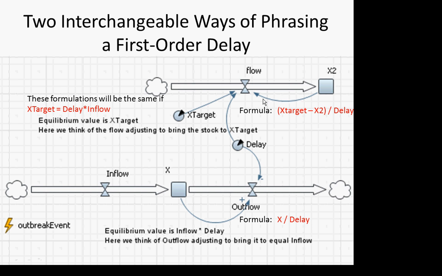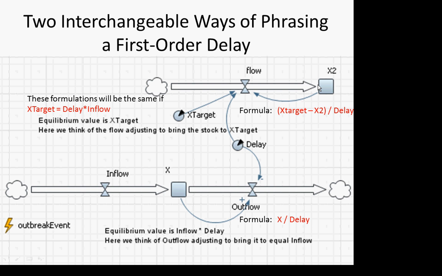So it's this minus this, divided by delay. And that's the value of the flow. This flow could be negative or it could be positive. And you'll notice X target is part of it. That's the target value for the stock. Can anyone give me some intuition why that formula?